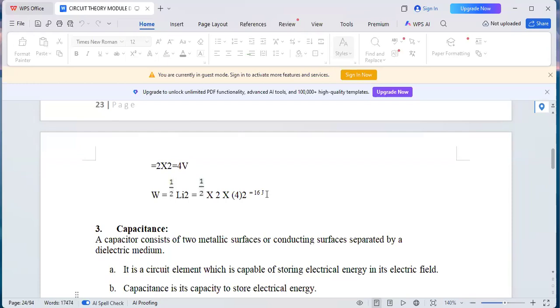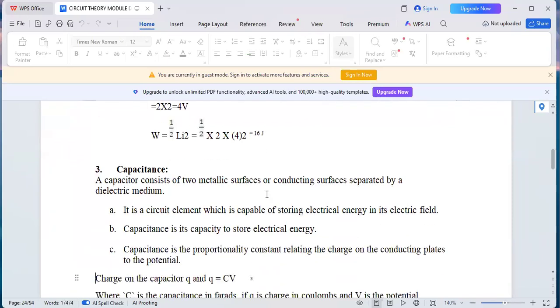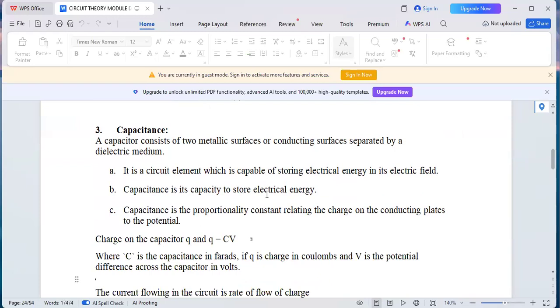Okay. Then we move on to capacitance. A capacitor consists of 2 metallic or conducting surfaces separated by a dielectric medium.